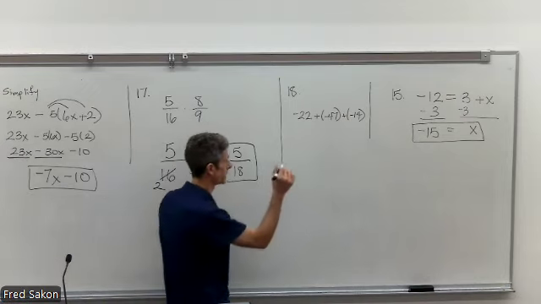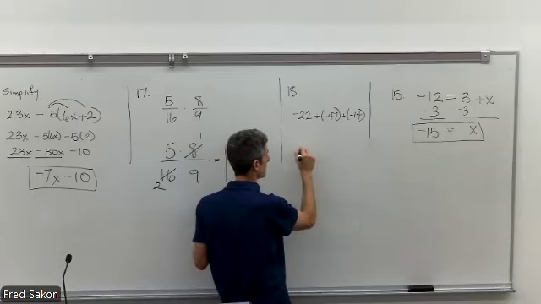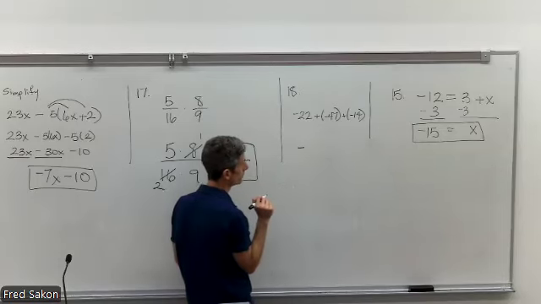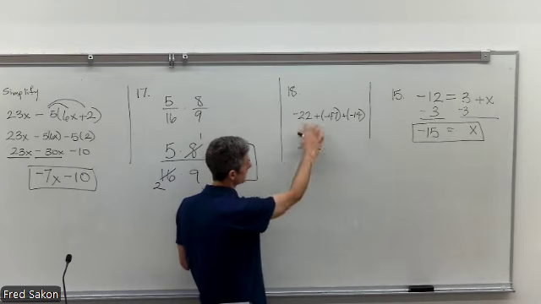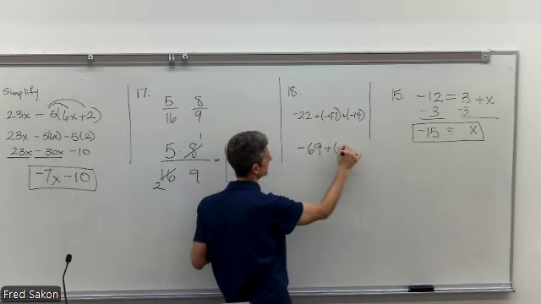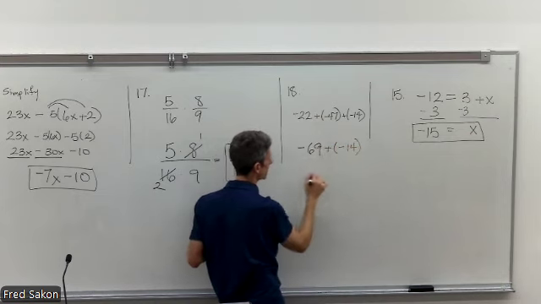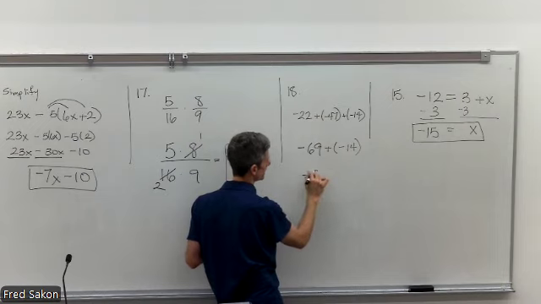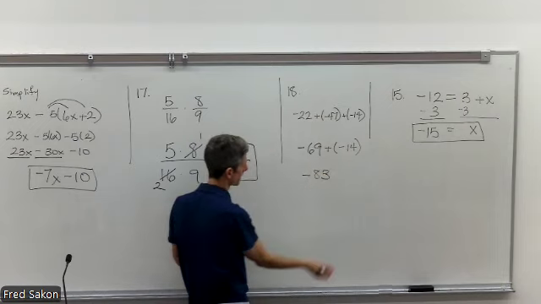Add a bunch of negative numbers together, then that's just making it more and more negative. Let's add those first two, 69 plus that last one, negative 14. That gets us to 83.